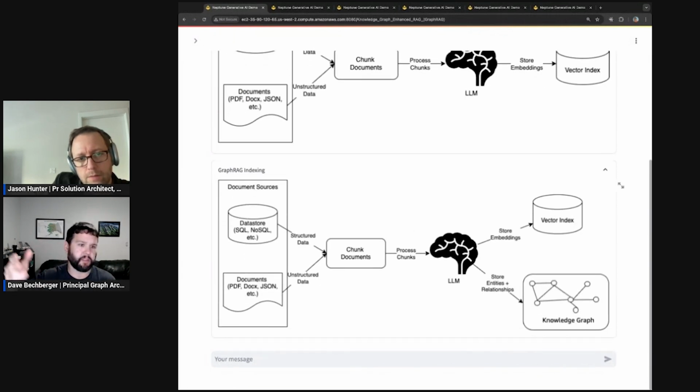You have your document sources, you chunk them, you process them in the LLM, and you store the embeddings in a vector index. The other part that is unique is that you take those same document chunks and extract out the key entities and relationships. That's where the graph part of GraphRAG comes in, building this knowledge graph from the key knowledge pieces located inside those documents.